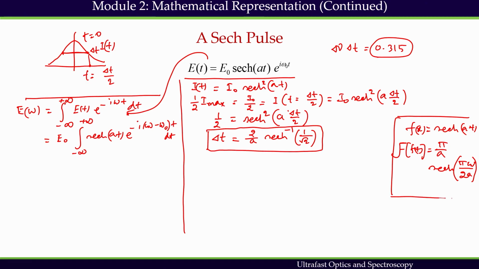So we can use this standard integral here, and we get E naught pi by a sec hyperbolic pi omega minus omega naught divided by 2a.